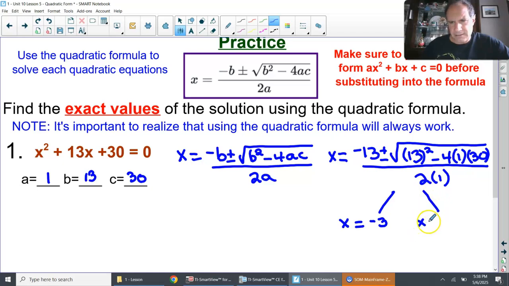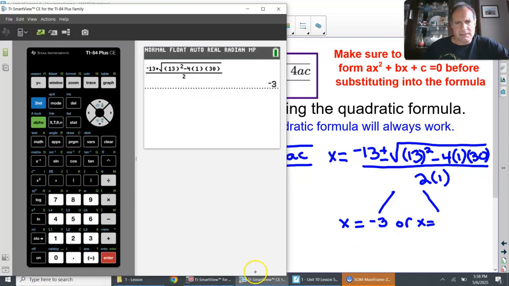And then I'm going to put x equals, an or. Alpha x, negative 13, minus this time, square root 13 squared minus 4 times 1 times 30, all over 2.